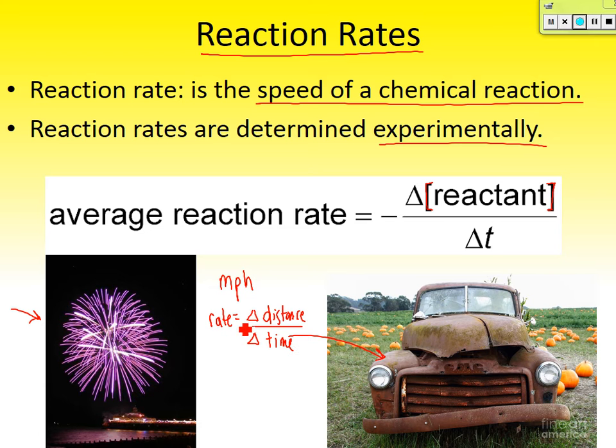So a rate in your car is change in distance over time. The rate of a chemical reaction, we're going to take the change in the reactant's concentration over time. So it's very similar to taking the rate of speed of a car, for example. Anyway, thing to remember, a reaction rate is the speed of a chemical reaction.